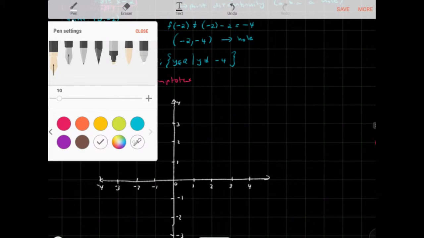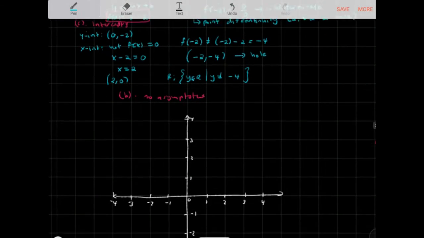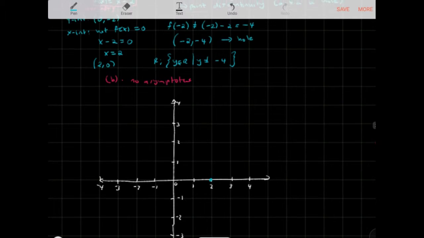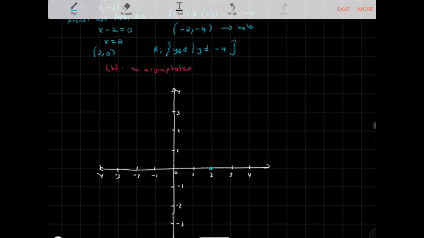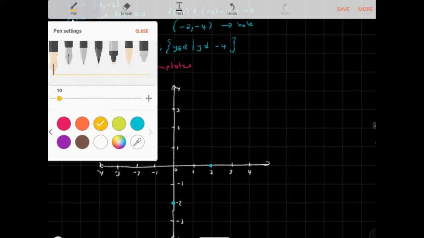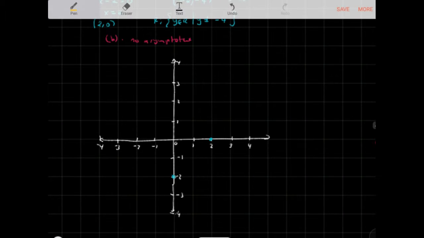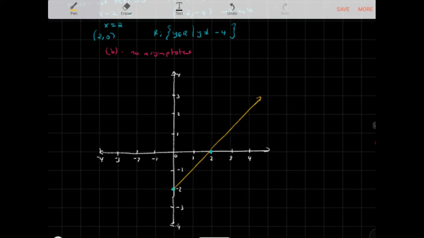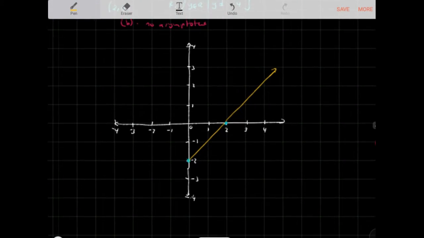On my grid system, I'm going to plot the x-intercept 2 and 0 somewhere here, and we also have the y-intercept 0 and negative 2 somewhere here. All we have to do now is construct a line, so this is our line. But we need to note that negative 2 and negative 4 is our hole.